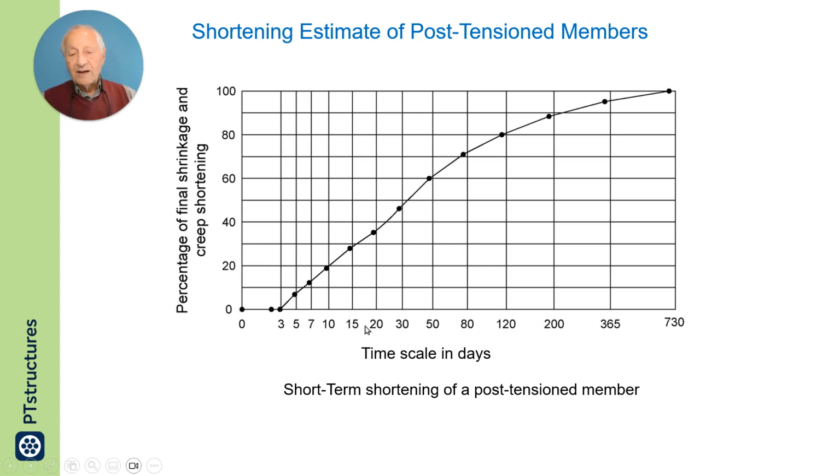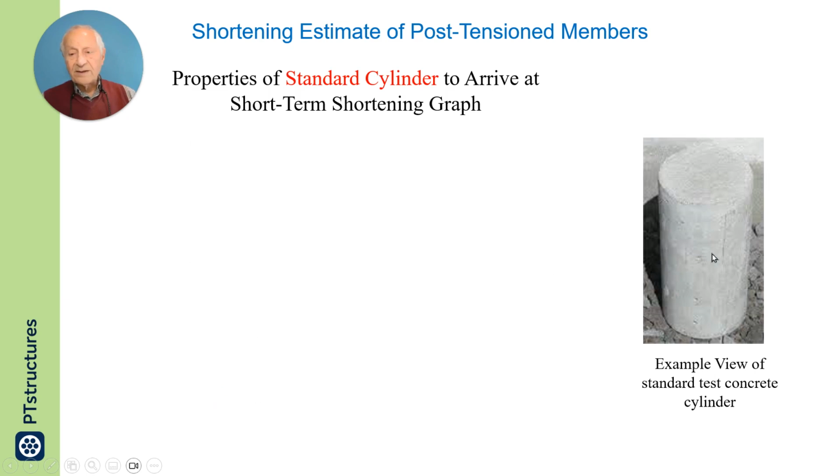Or on day 15 it might be 30%. So this is the graph you would be using, which is based on the cylinder test in the lab used to derive ACI and applies to these conditions.